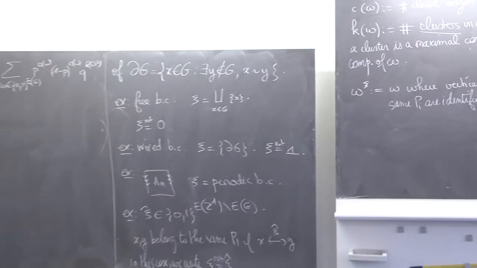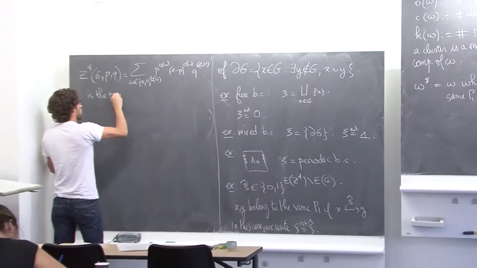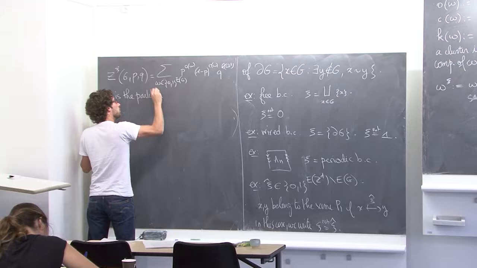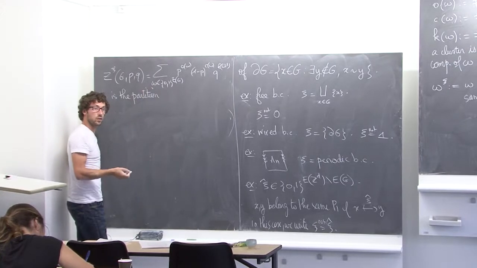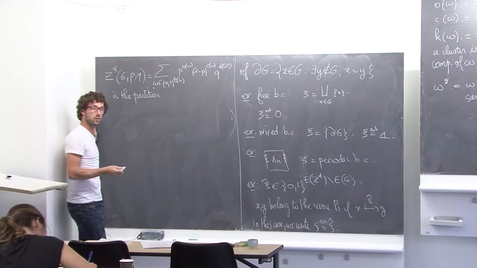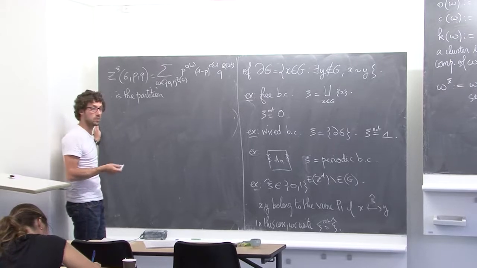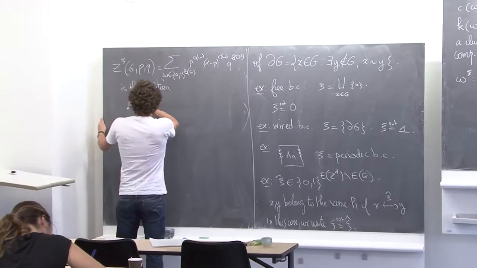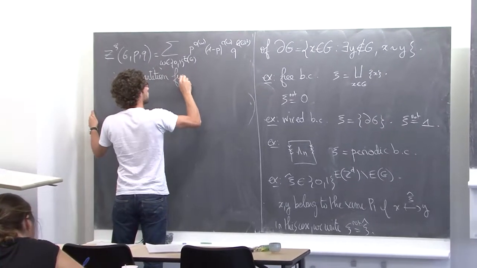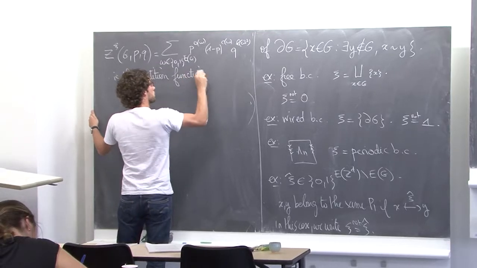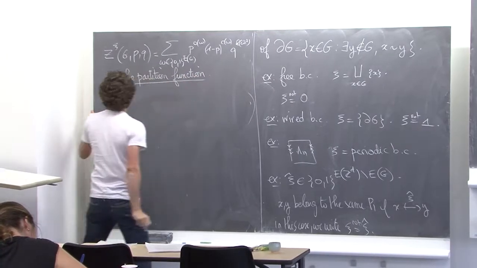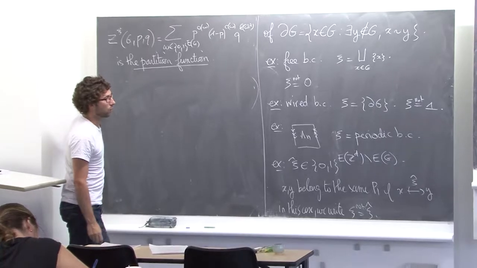This is the partition function. You probably saw partition functions first for spin models. You also probably saw a few examples in the class of Ivan. That was the third remark.